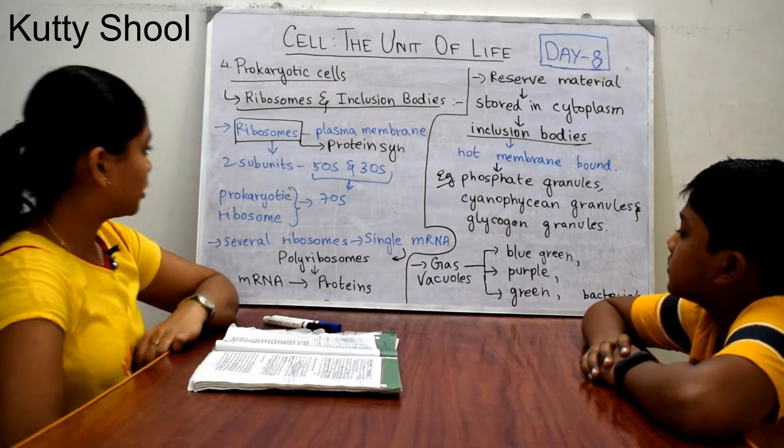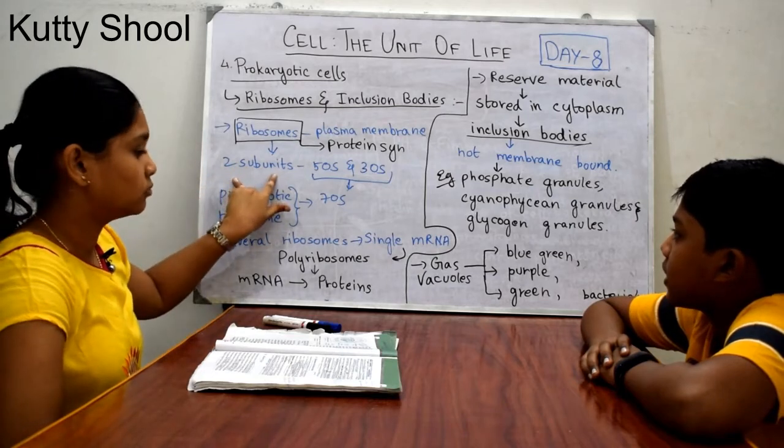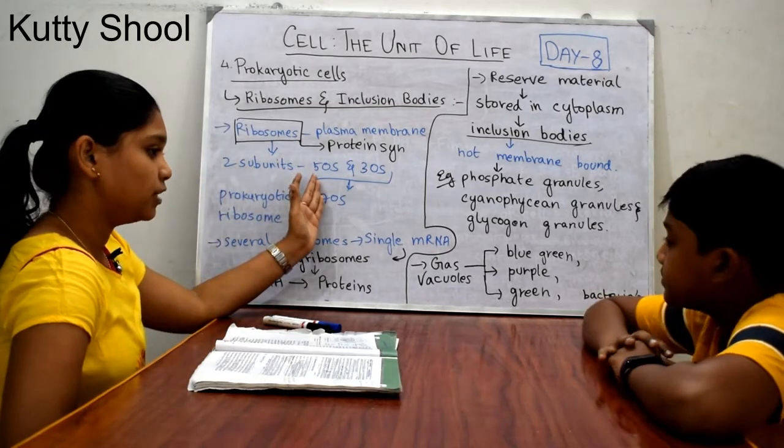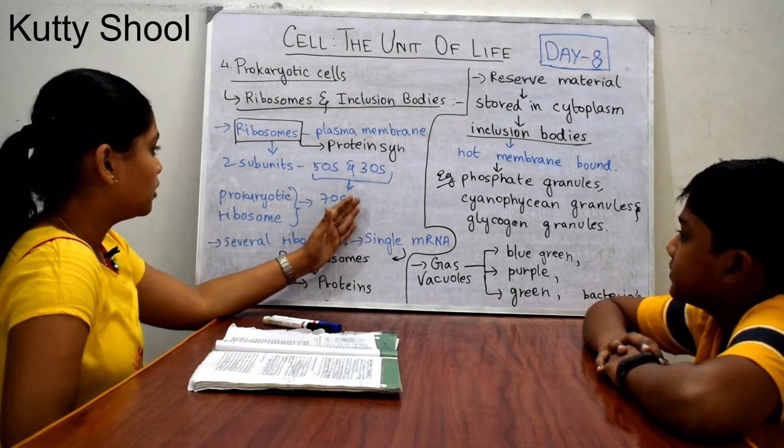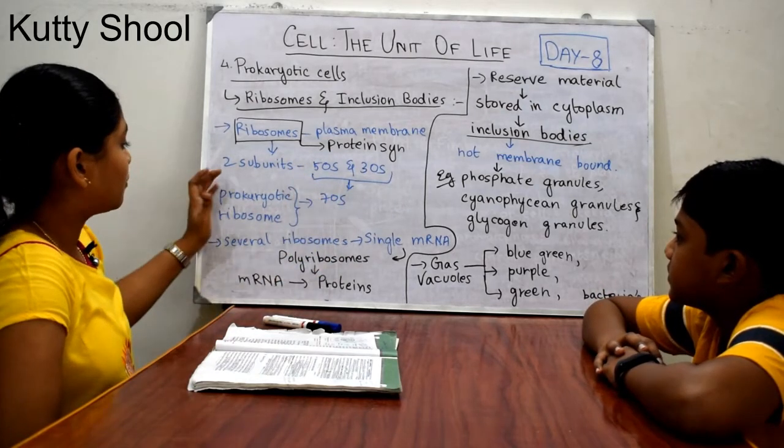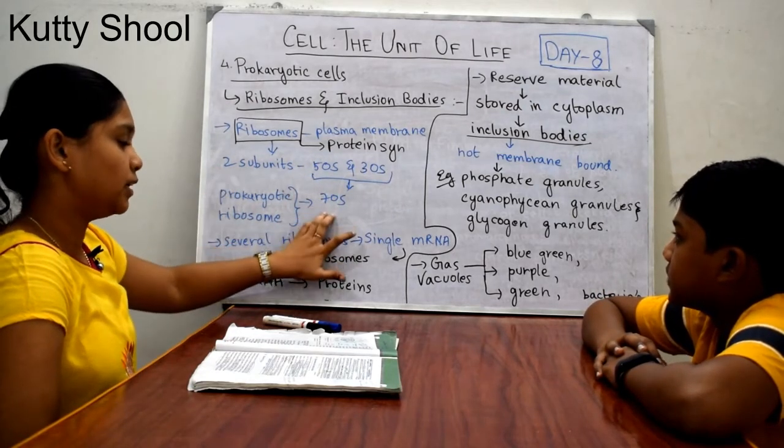These ribosomes are made up of two subunits, 50S and 30S, which together form the prokaryotic 70S ribosome.